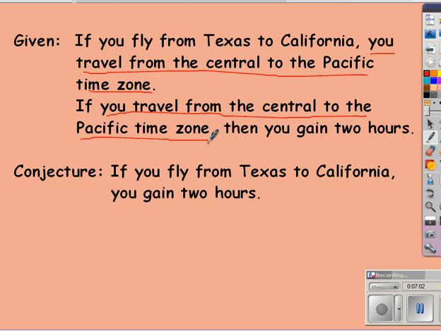In this case they do match, so we can essentially eliminate them and jump straight from the top, if you fly from Texas to California, all the way to the last statement, then you gain 2 hours. And this conjecture is true. It is a valid conjecture.